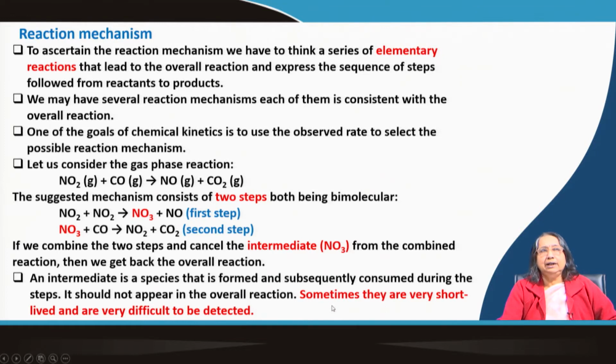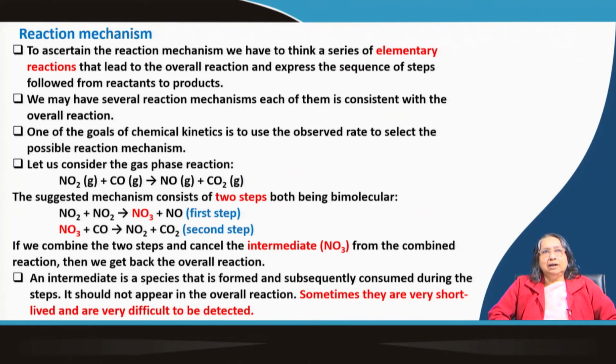Sometimes they are very short lived. Now, you may say that I am only thinking this, then how to prove that this intermediate is really produced? I told you already that proposing a mechanism is difficult. You need a lot of experiments to do.